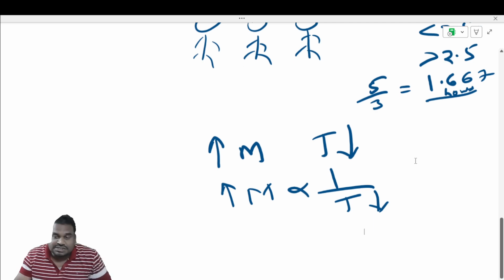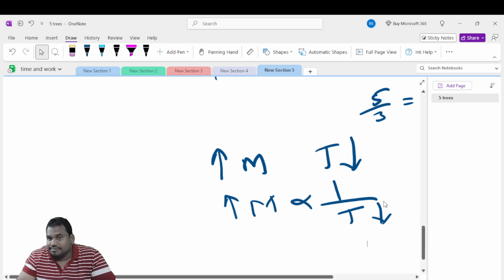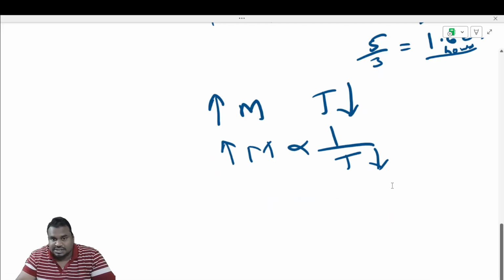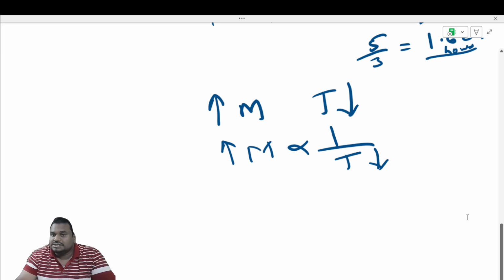If they are inversely proportional, so M into T is a constant. Do you agree with that? M into T is a constant. It's just mathematics, not physics.